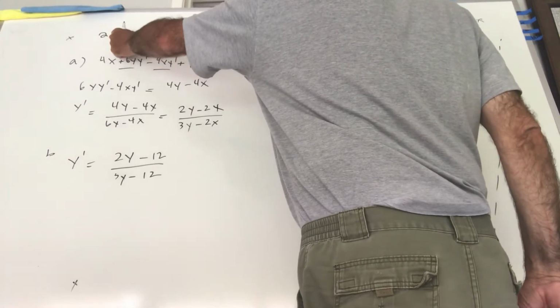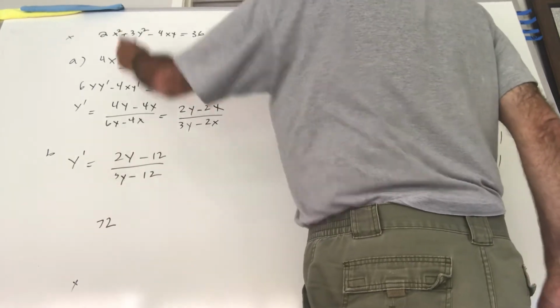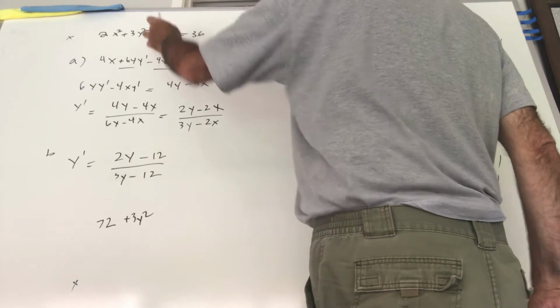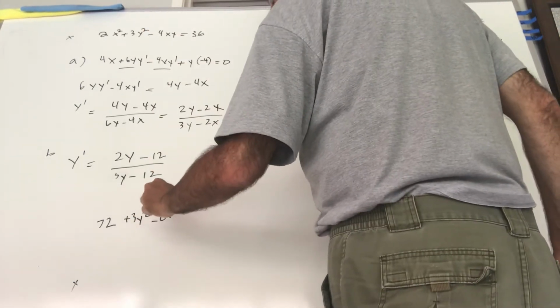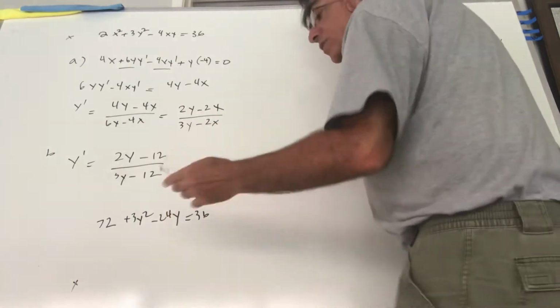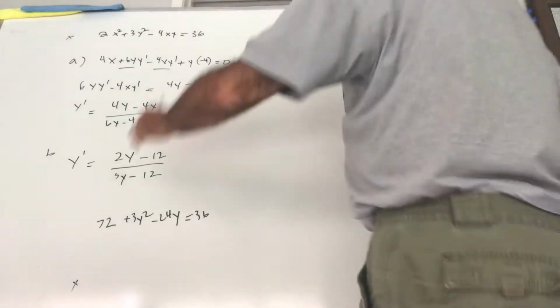So what's 6 squared? 36, that's 72. Plus 3y squared. 6 times y, minus 24y, minus 36 equals 0. So what you're gonna do, and this happens again on the next question, I think, too. I'm not positive of that, so don't hold me to that.